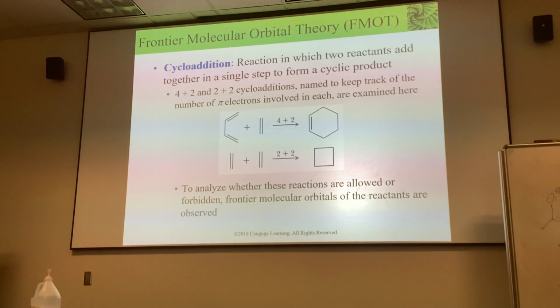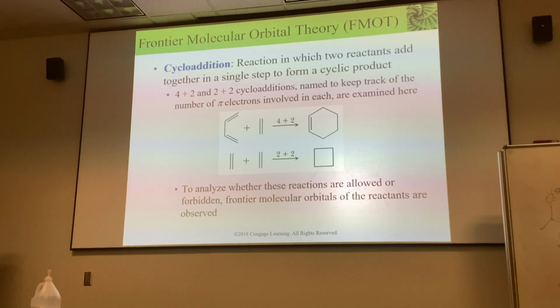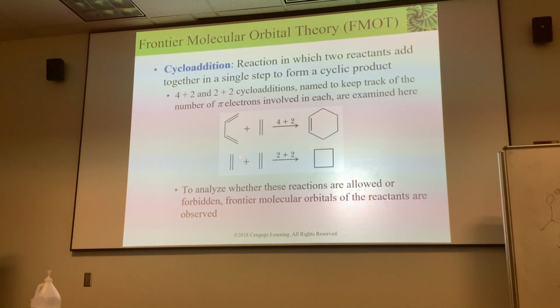In Diels-Alder, we have a diene, 4 pi electrons, and a dienophile, something that wants to react with these two, and it only needs to provide one pair of pi electrons. So 4 + 2 cycloaddition in this case.